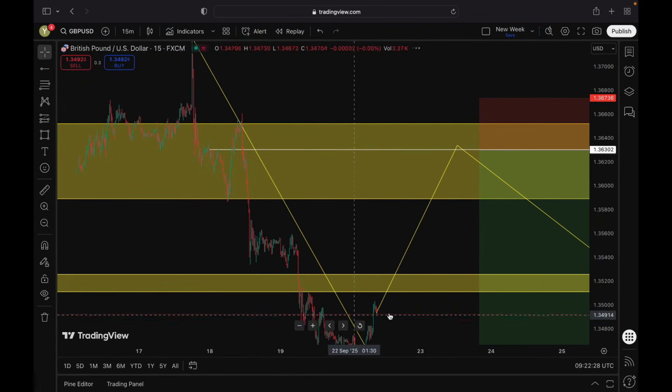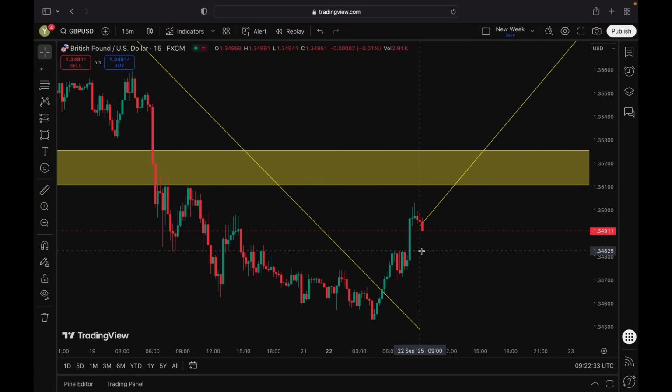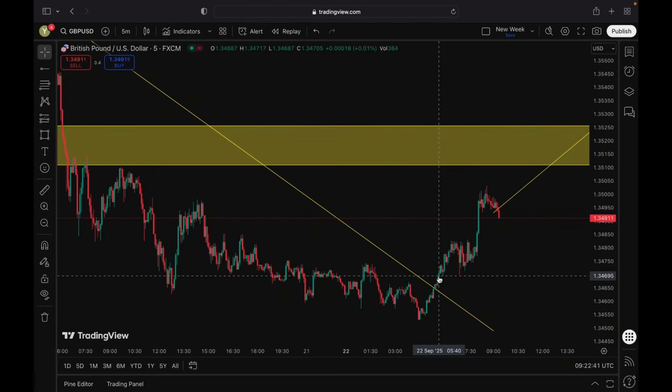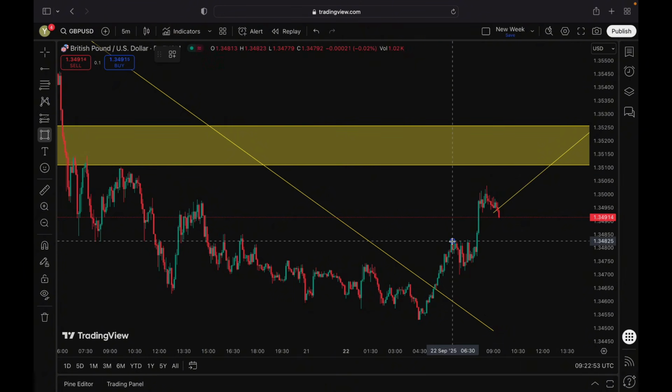It's very important to always use a stop loss, because the market is nobody's property. Market is nobody's property. So that is how it works. You can scale down again to 5 minutes, 1 minute, whatever the case may be. As you can see on the 5 minutes time frame, price is about to do what? Take out liquidity. This level of inducement, let me show you.